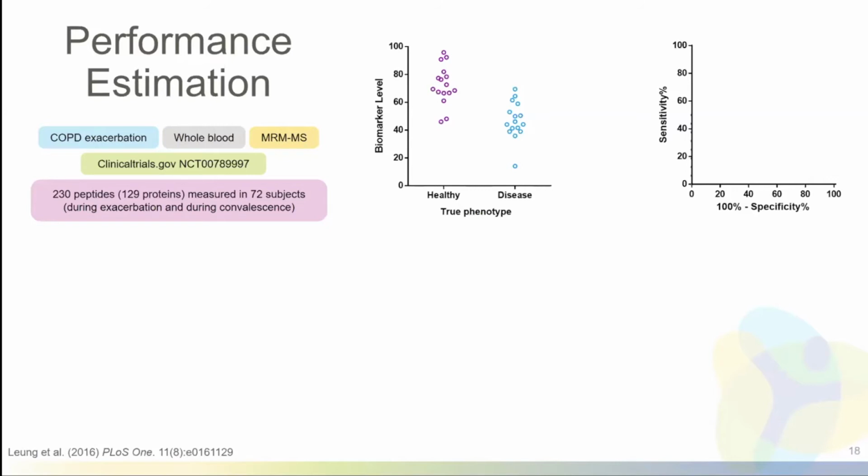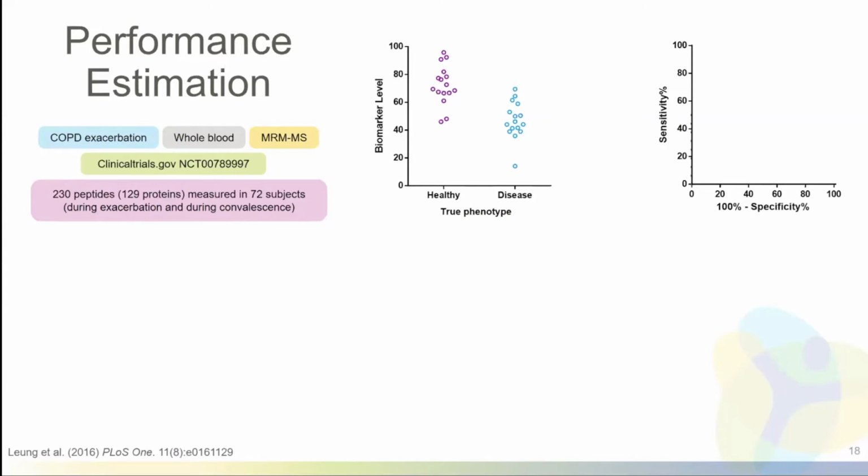Now, for this example, we'll be using AUC as the measure of performance because it's a kind of general measure that doesn't require us to know things like disease prevalence or cost of misclassification or things like that. Now, to illustrate what the AUC is for those that aren't familiar with it, here's a hypothetical scenario where we have some healthy subjects, some disease subjects, and some biomarker test that gives us a score as shown on the y-axis.